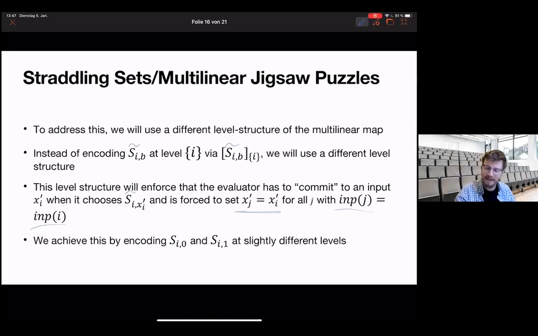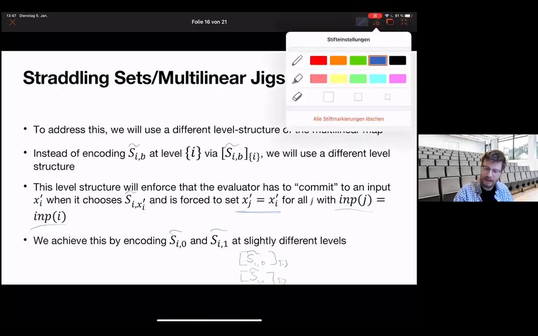In the really simple example above, we had that S tilde_{i,0} was encoded at level i, and S tilde_{i,1} was also at level i.